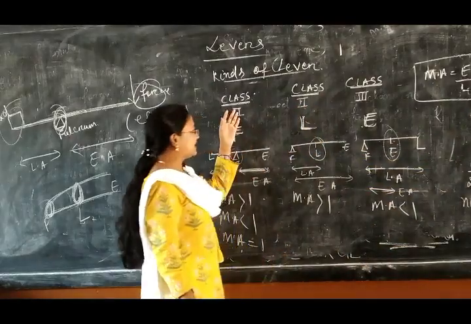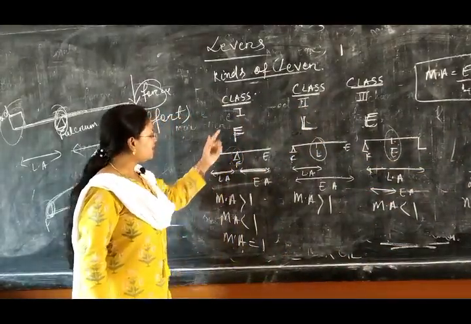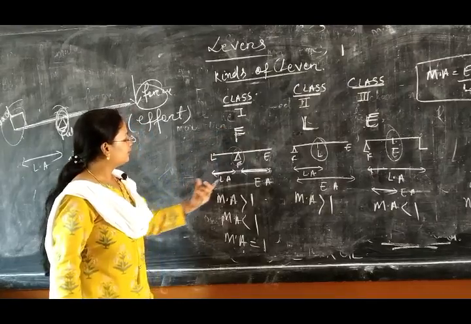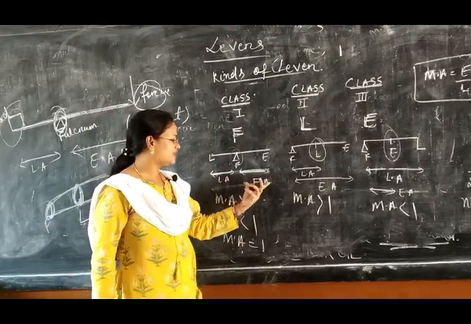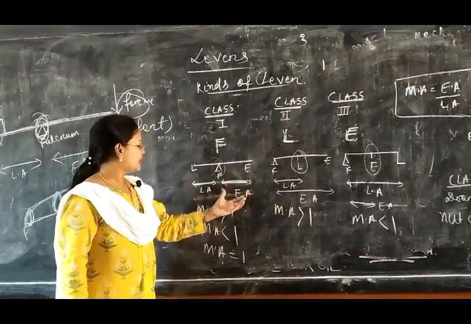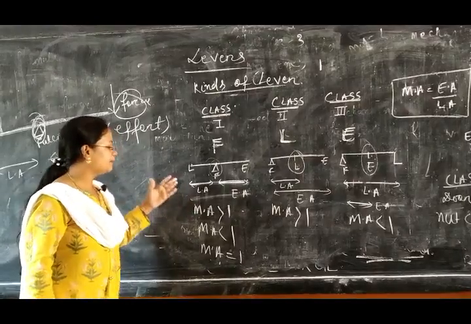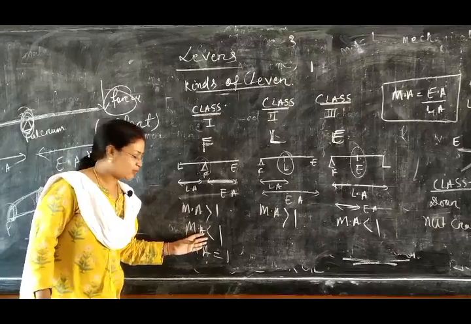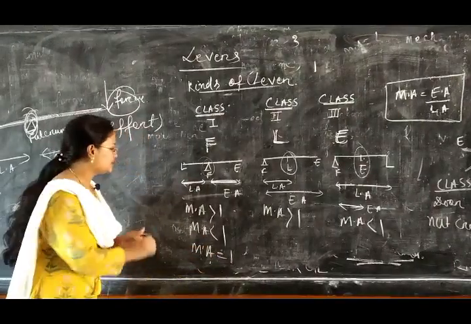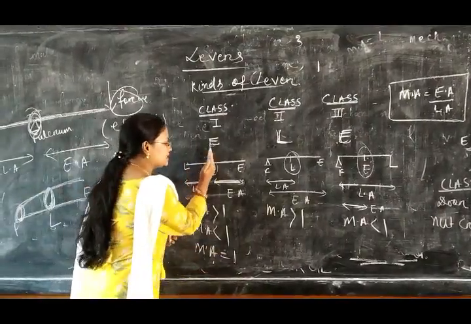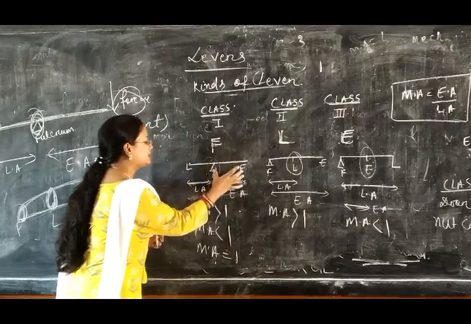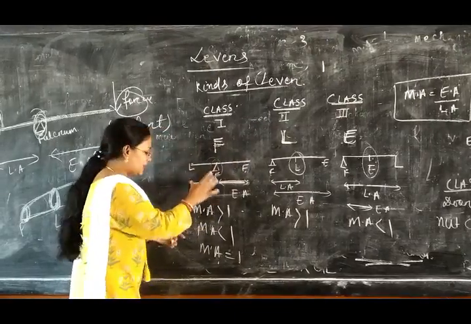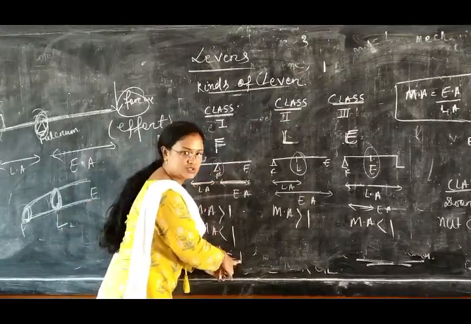Now for a class 1 lever, this one is the load arm and this one is the effort arm. For class 1, the mechanical advantage may be greater than 1, less than 1, or equal to 1. If the fulcrum is in the middle position, then the effort arm equals the load arm, and the mechanical advantage is equal to 1.